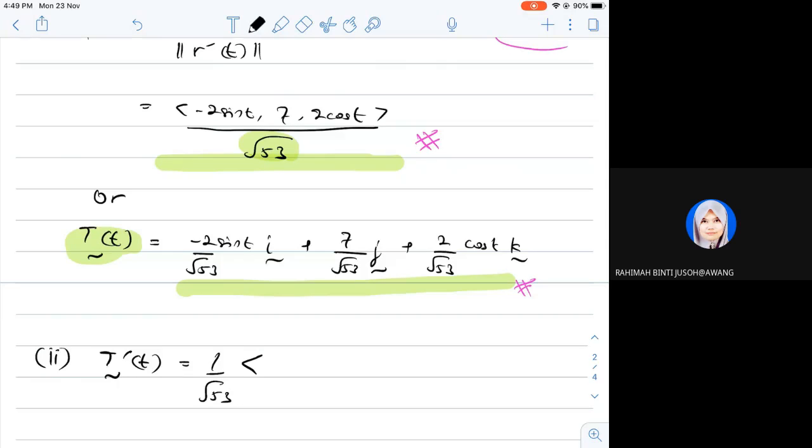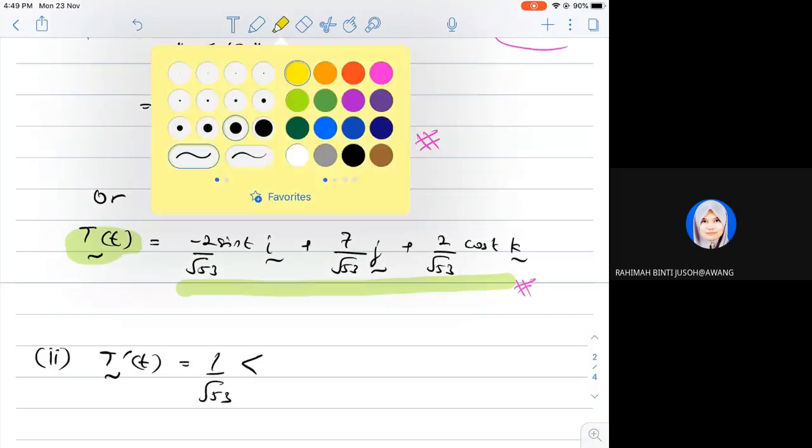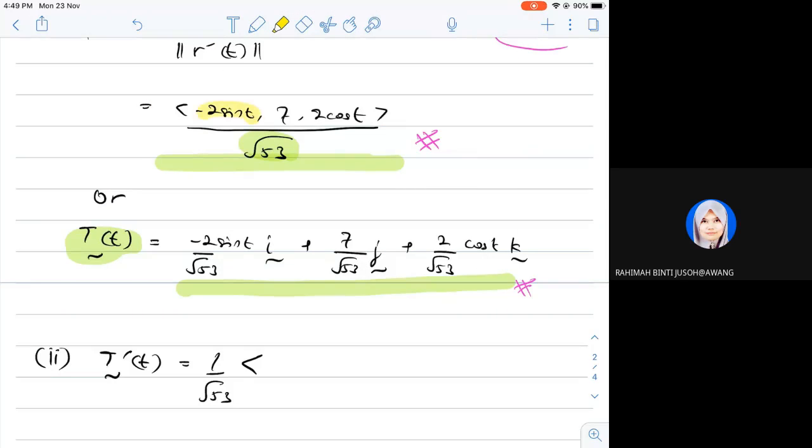Then we differentiate each term. Differentiate negative 2 sin t, we get negative 2 cos t. Differentiate 7, we get 0. Differentiate 2 cos t, we get negative 2 sin t. So this is our T prime t.